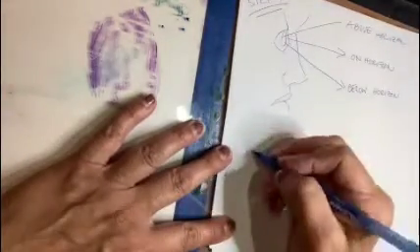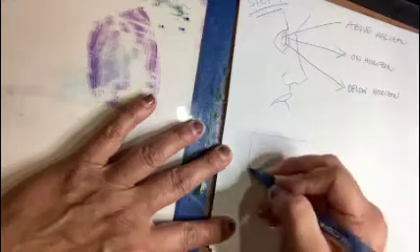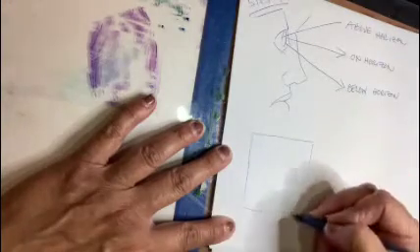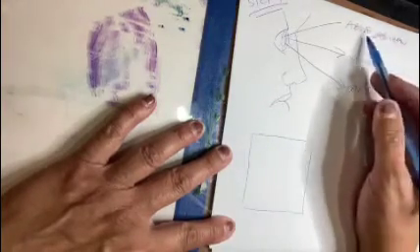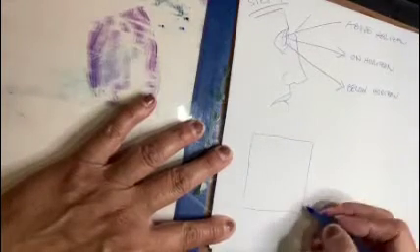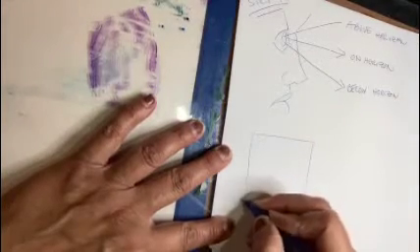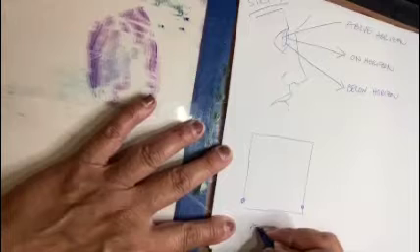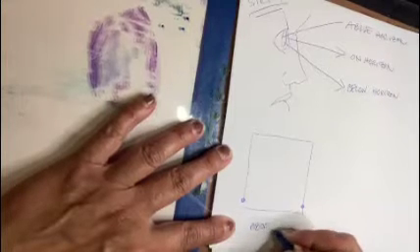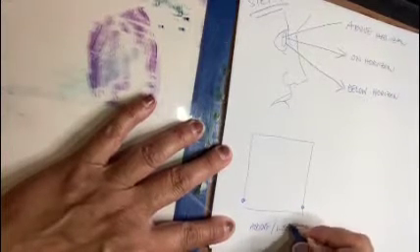Now here, if you want your image above the horizon, then your points need to be down low. Okay, this is above, and your points have to be down low.